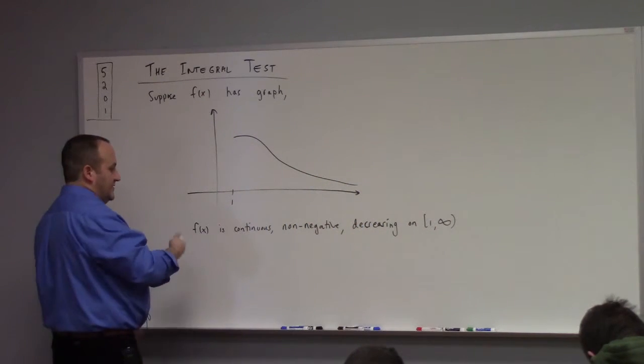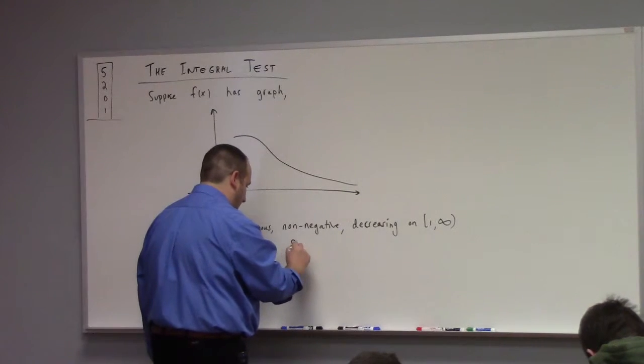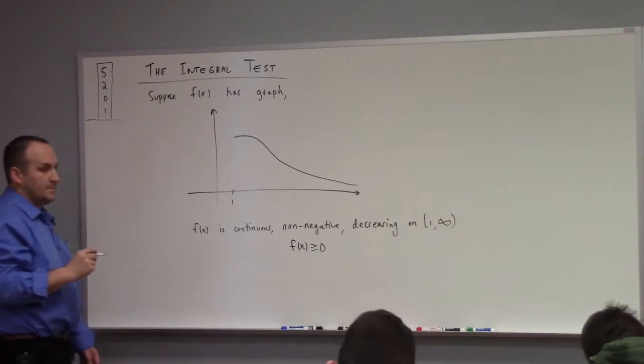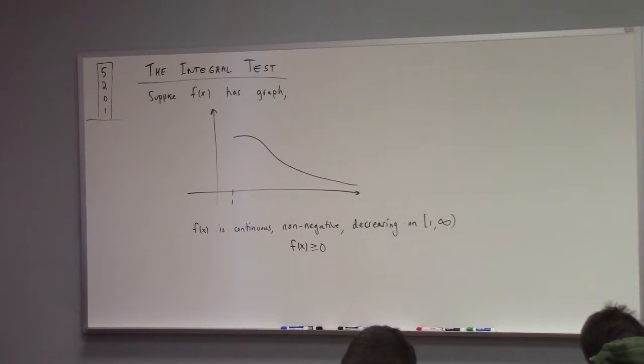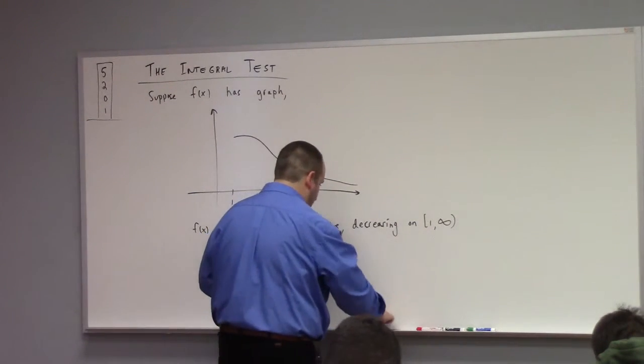So continuous, you know what that means, right? Non-negative means, what's that mean? That means f of x is greater than or equal to 0. What's decreasing mean? How would you define decreasing?